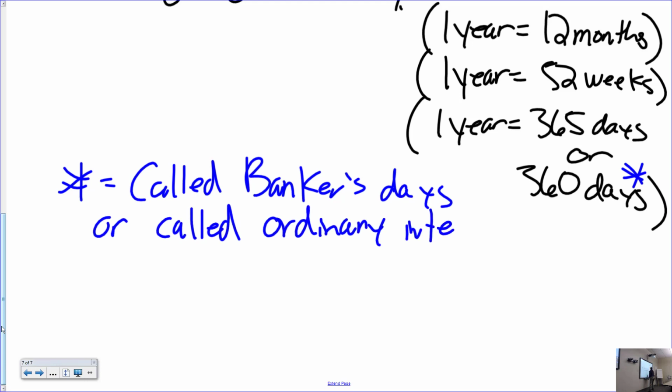The other way that you can use banker's days is if your interest is called ordinary. So that's the key word. If you see it say that your interest is ordinary interest, then your days will be calculated using 360 days in a year instead of 365. Okay? So we'll do a couple of examples so that you can see, but that's just the way it works. All right?